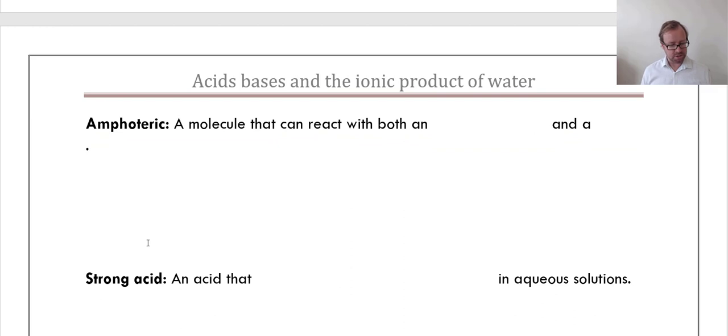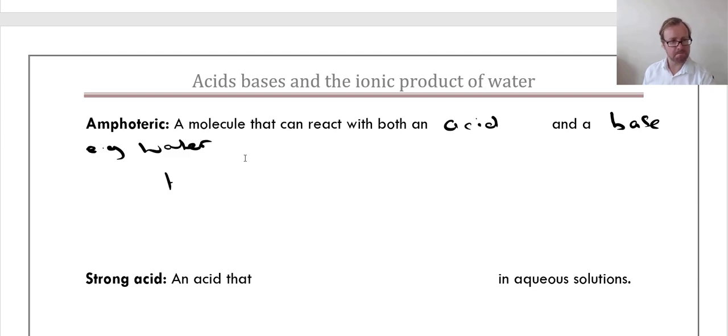Okay, right, so moving on. A couple of more definitions that you might see come up. So amphoteric, a molecule that can react with both an acid and a base. Do a quick example, because you might not have seen this before, water.